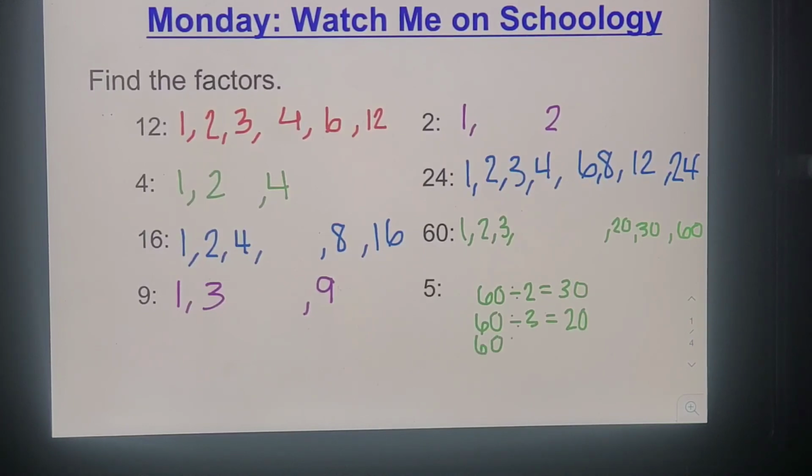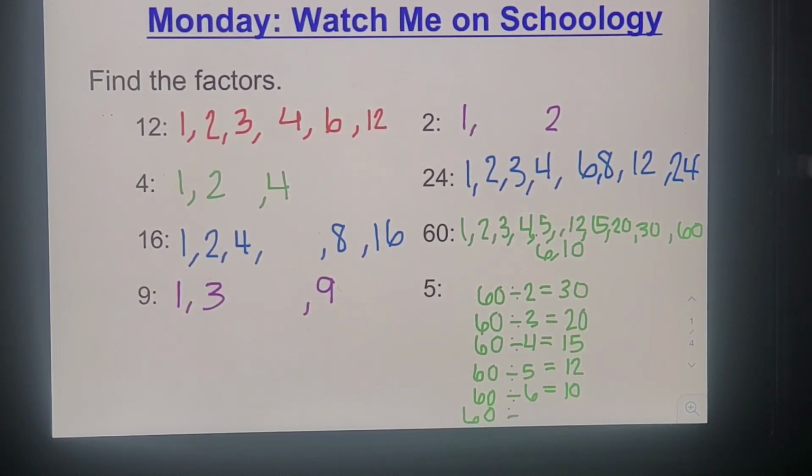Next, 60 divided by 4, 15. 4, 15. 60 divided by 5 equals 12. 5, 12. 60 divided by 6, 10. So we would write 6, 10.